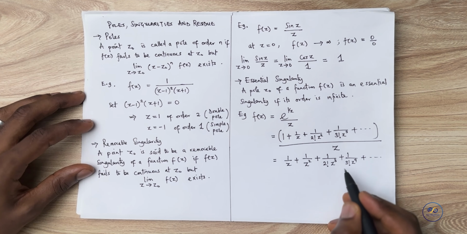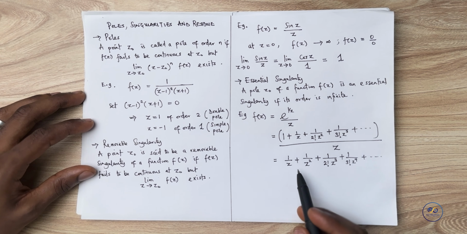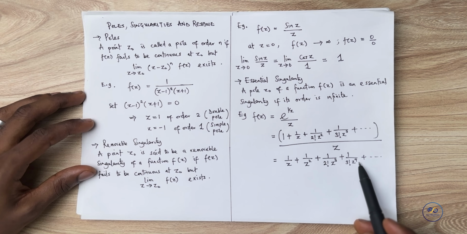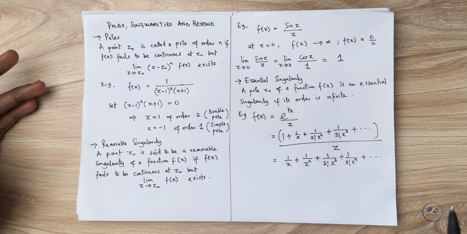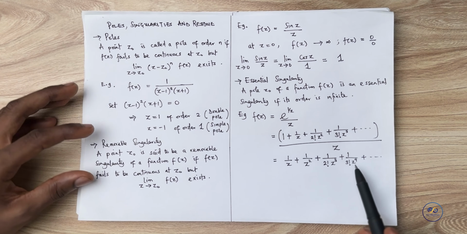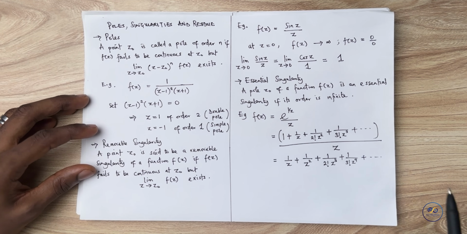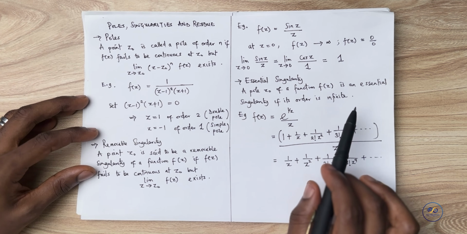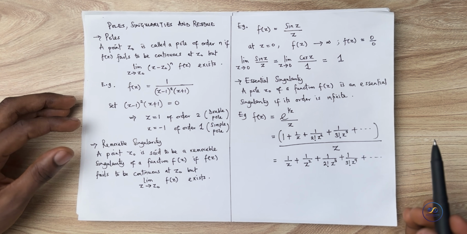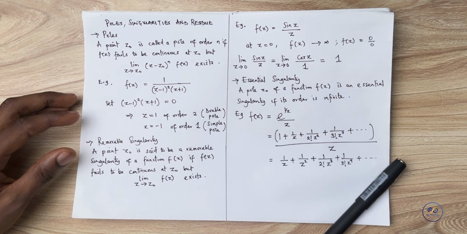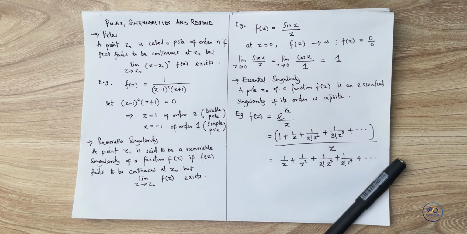The power of z continues to rise, which means if we were to take the LCM of this sum, it would be based off the largest power of z, because the LCM has to be able to divide all of them. And the largest power of z is infinite, because we do not even know when or where this series will end. So in this case, z equal to 0 will have an infinite order, and so z equal to 0 will be termed an essential singularity.